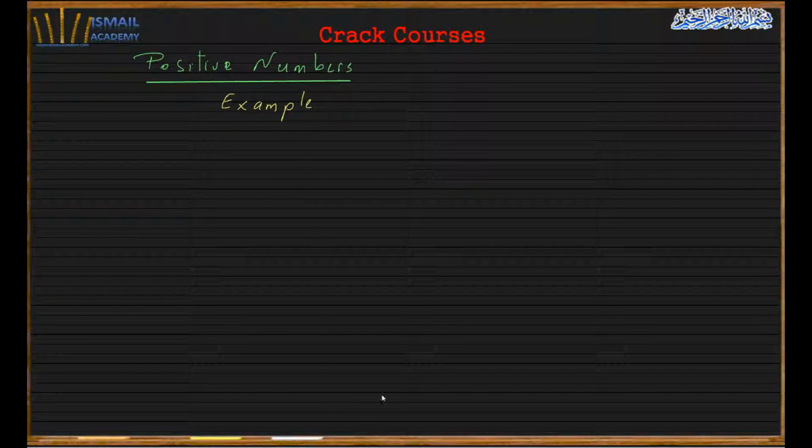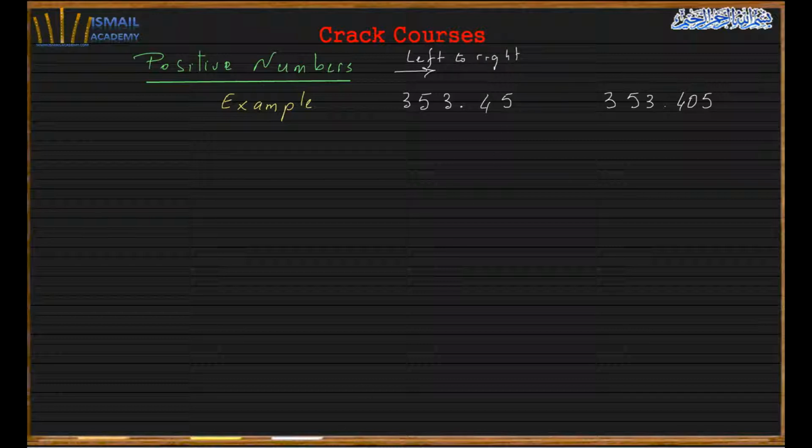So if I want to compare 3 and, for example, another number, I start from left to right, always from the left, and I keep checking one by one.